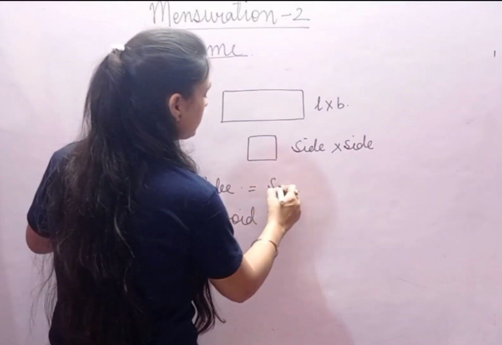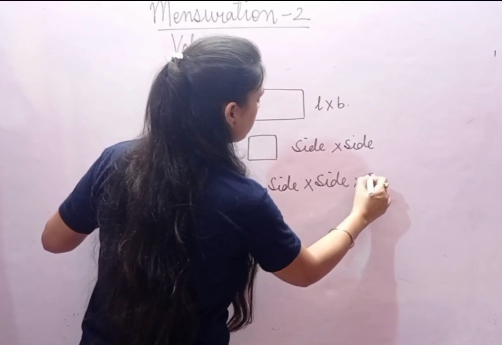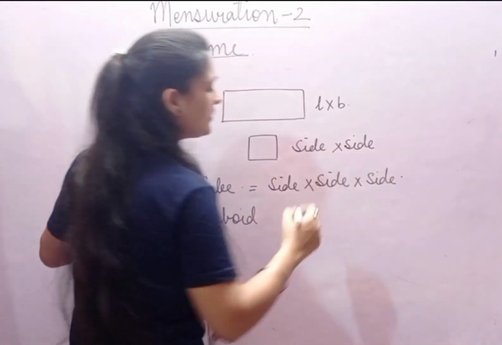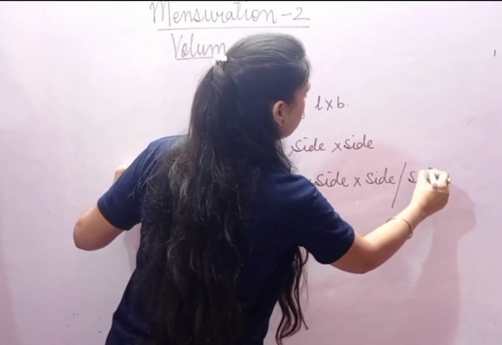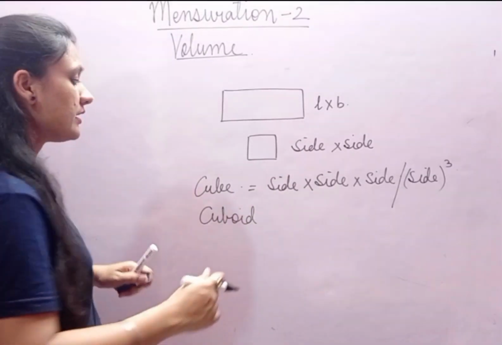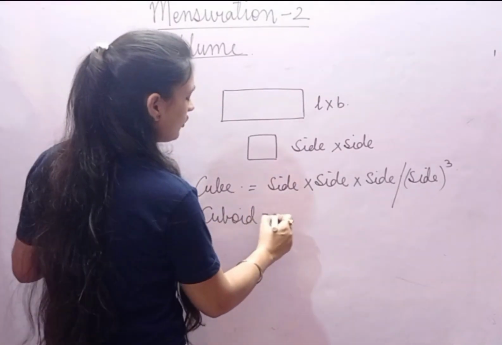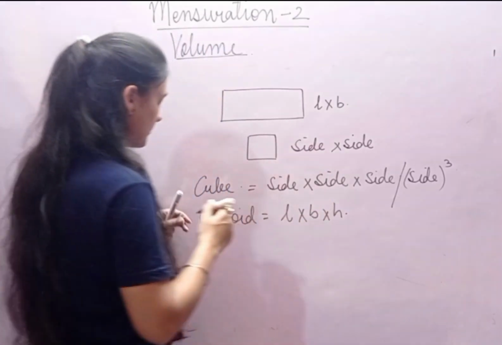Three dimensions means there will be three edges or sides. So the volume of a cube is side into side into side, or we can write side cube, meaning we multiply it thrice. The volume of a cuboid is L into B into H, meaning length, breadth and height.